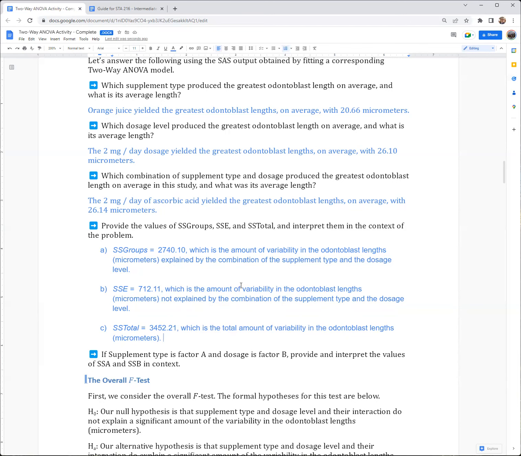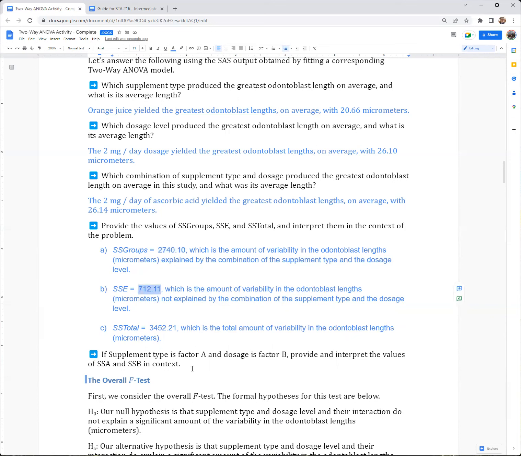And by updating the response and independent variables, we now have valid interpretations and values for all of the 3 SS's asked for here, the SS model or SS groups, sum of squared errors, and sum of squared total. So SS groups is representing how much variability in the response is explained by the 2 factors.